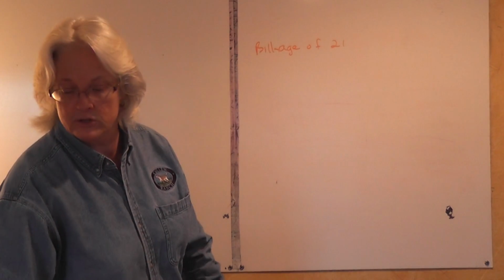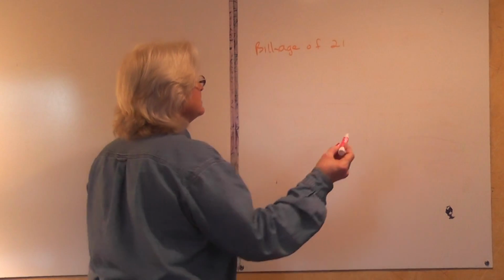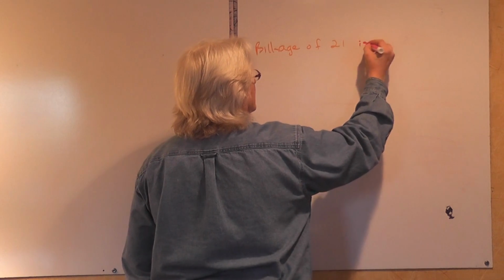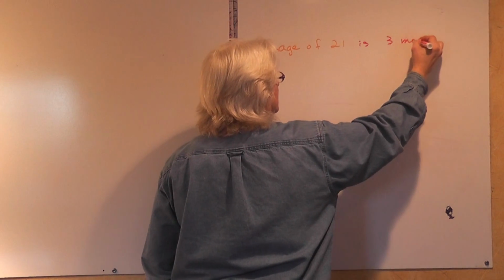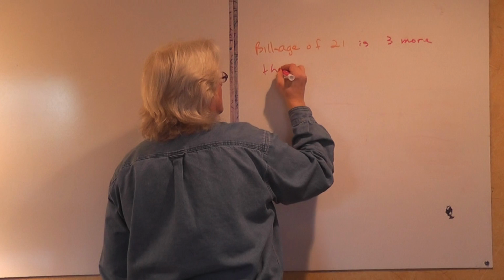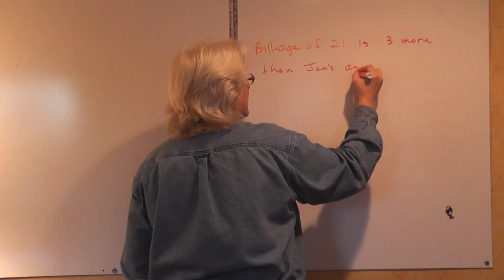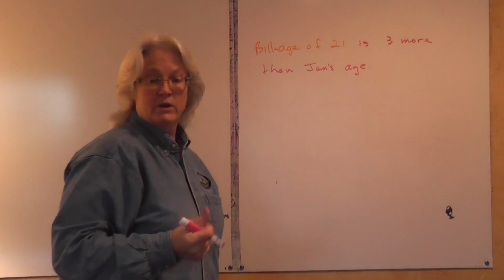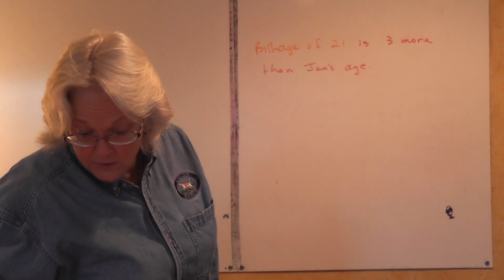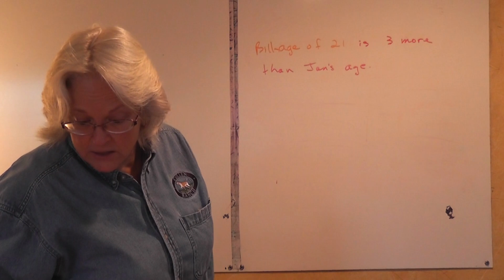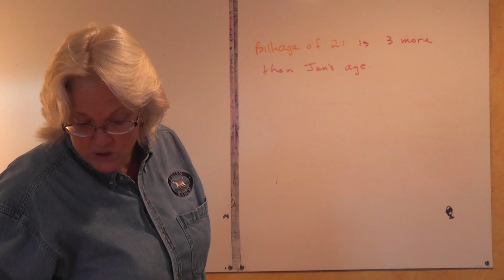Doesn't look like that orange is showing up particularly well. Bill's age of 21 is 3 more than twice Jan's age. What does this ask us to find? Well, we want to find out what Jan's age is.